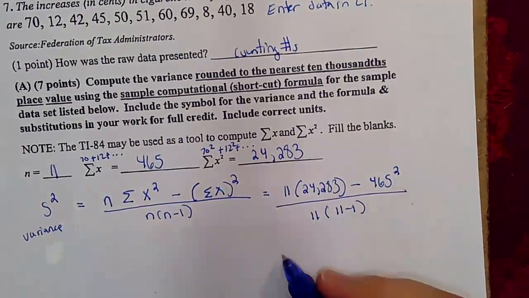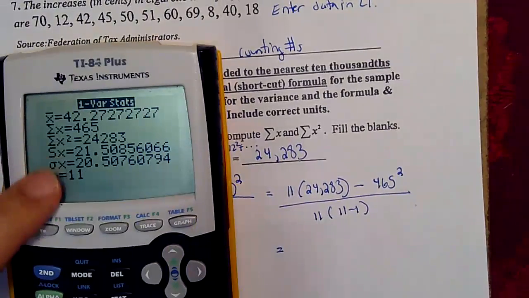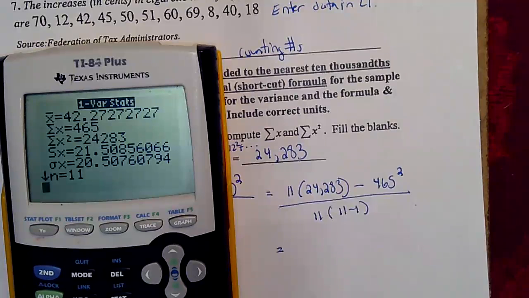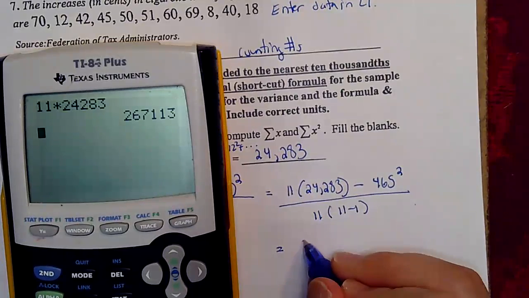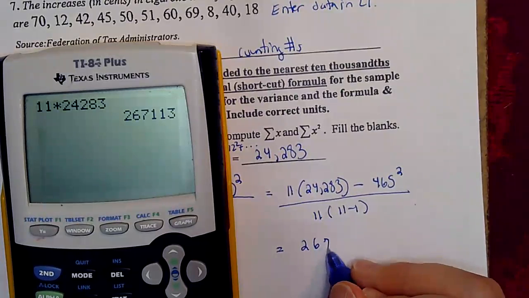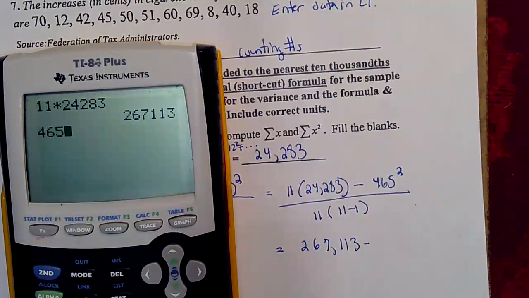Okay, so then on my calculator, and I don't even think I have to clear this. If I just hit 11, I think it clears itself. I want to do 11 times 24,283, and that gives me this number here. And then I'm going to take 465 squared.